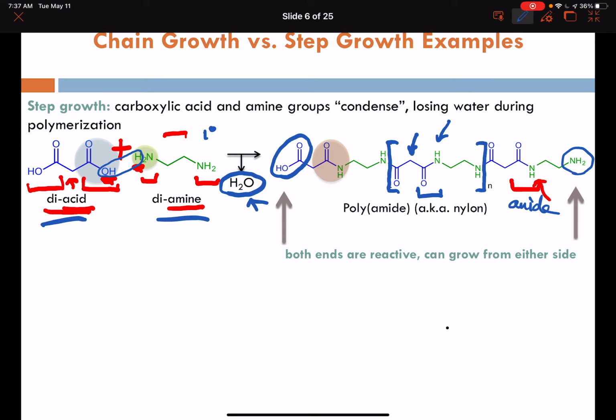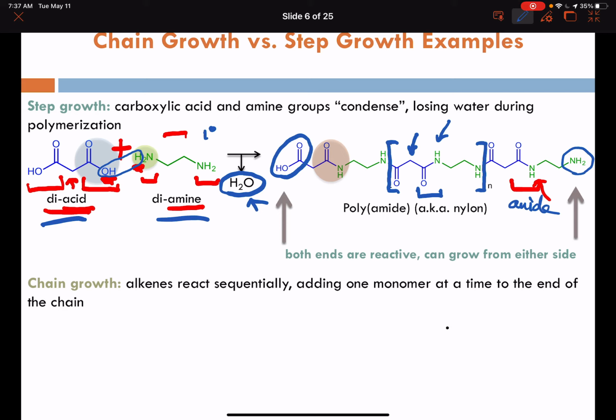Only in rare academic work have people been able to access cyclic polymers to eliminate these functional groups. But in general, that is not considered a dominant reaction in industrial level polymerizations or other work. So again, we can rely on the fact that the end groups will always remain reactive and capable of further polymerization.